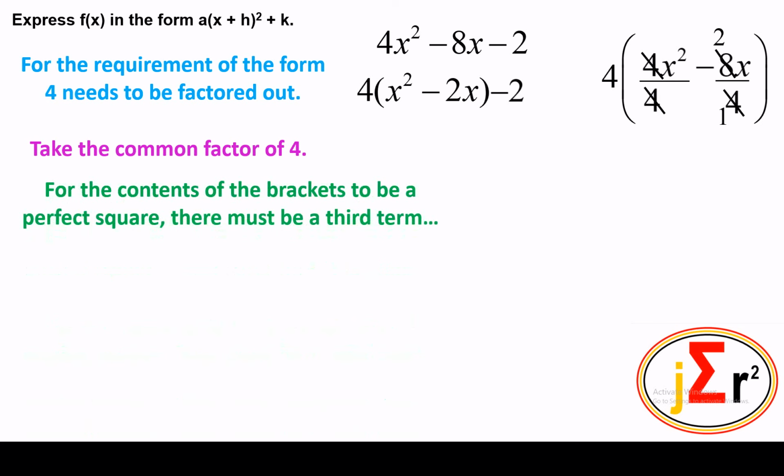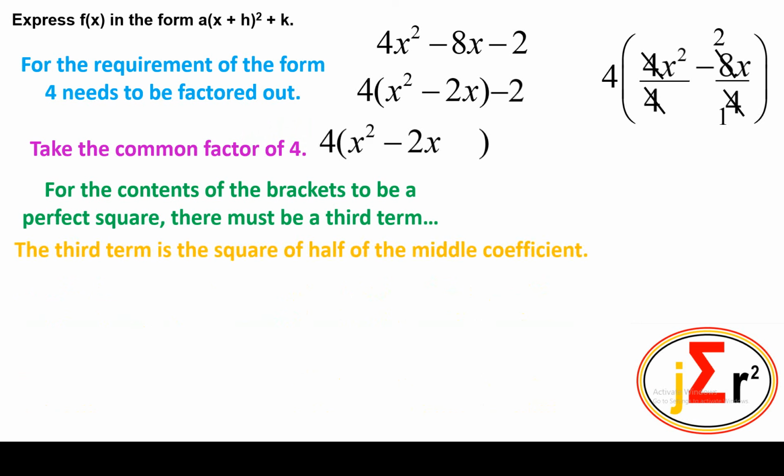For the contents of the brackets to be a perfect square, there must be a third term. There we are, making provisions for the third term that should be included in the brackets that will make the expression inside of the brackets a perfect square, which means that we will be completing the square. The third term is the square of half of the middle coefficient.